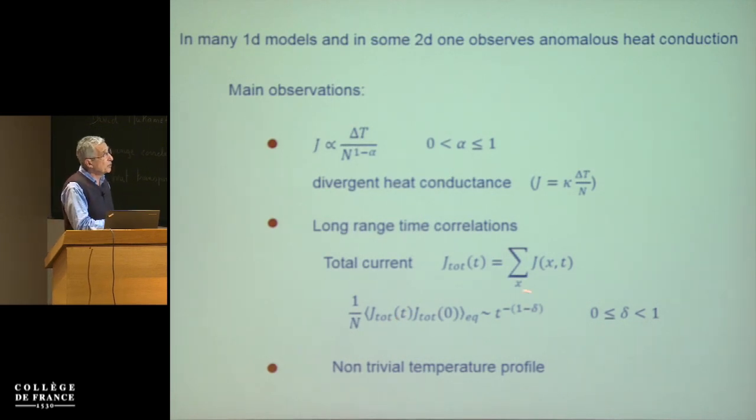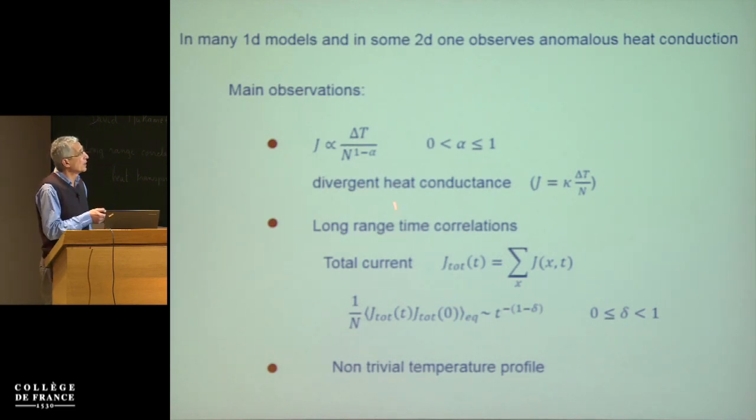It decays like t to some negative power, with a power which is smaller than 1. That's another observation that goes together with the fact that the current decays slowly with the system size. These two things are very intimately connected to each other.